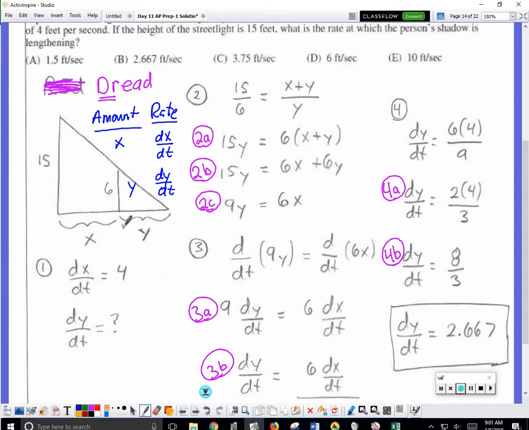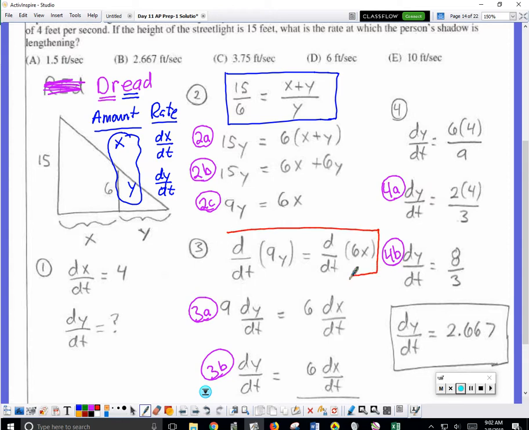The E and the A go together. They stand for write an equation involving the amounts that you just wrote down. So that's what I did here. I used similar triangles to write down the equation that involves the amounts I've just written down. The D stands for take the derivative of that equation with respect to time. So that's right here. That's the afternoon. Two for Adam.